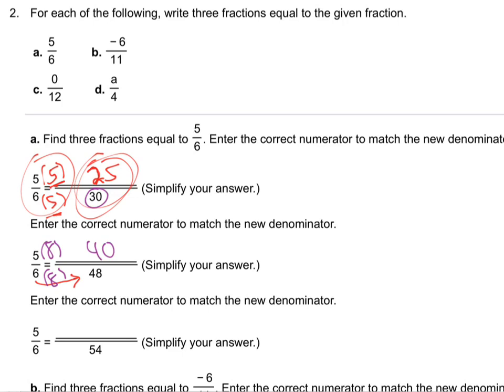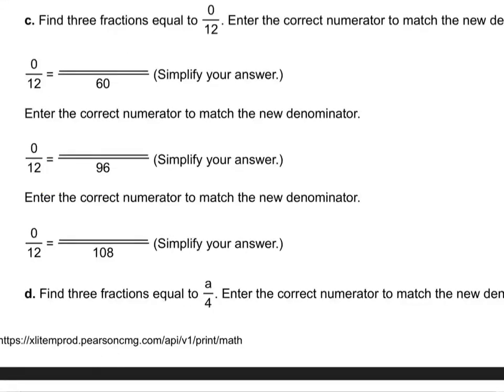Maybe we could go to part C. What do they have to do for C or D? Okay, part C, 0 over 12 is what over 60? 0. Yeah, and 0 over 12 is what over 96? 0. And 0 over 12 is 0 over 108. Does that make sense? Because it doesn't matter what you multiply top and bottom by.